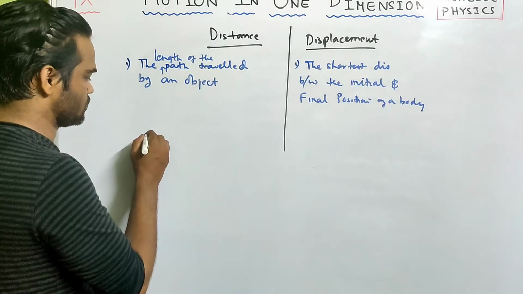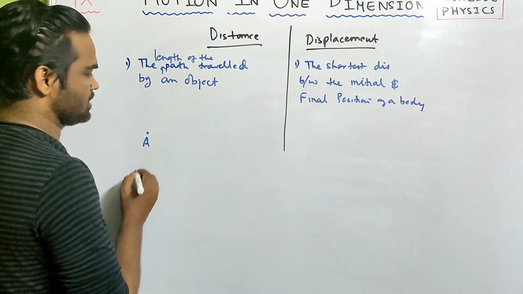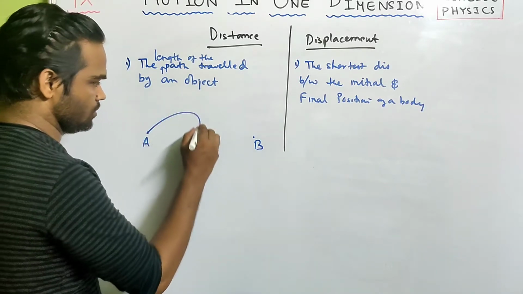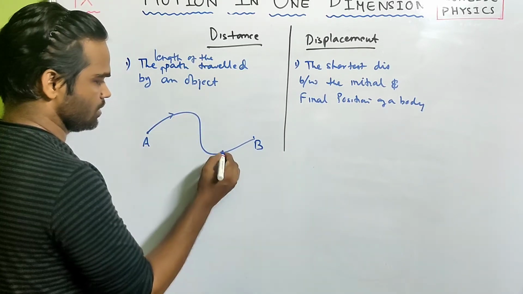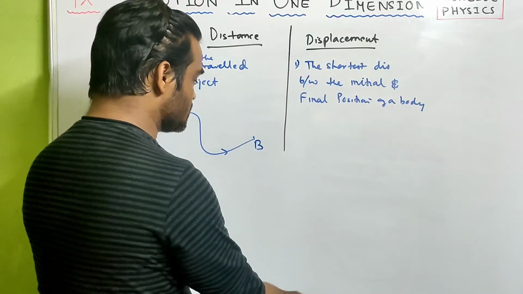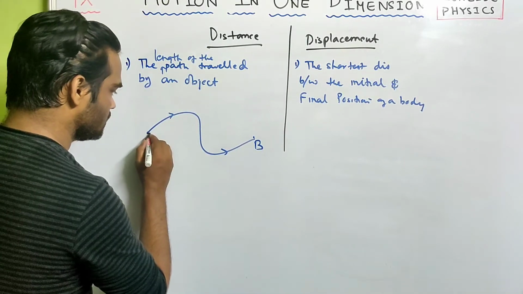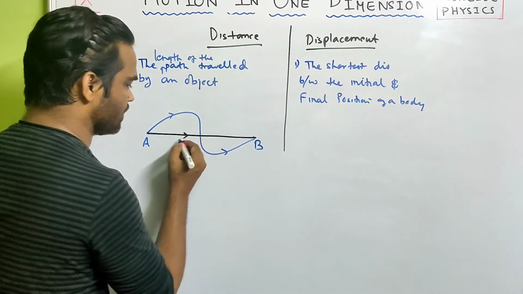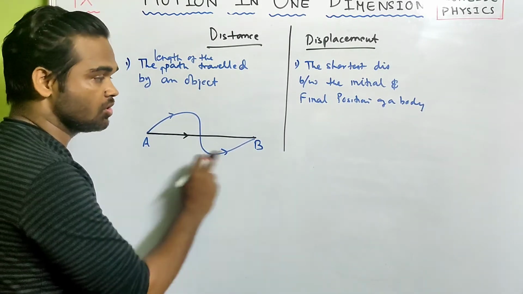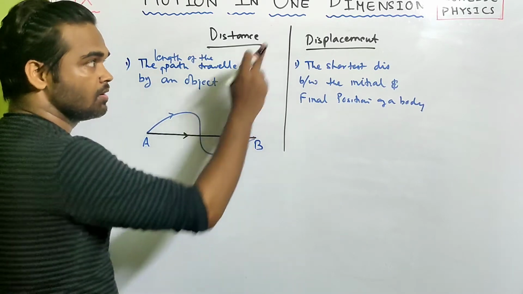For example, suppose you are at A, you want to reach at B. Now you go like this. So this is the distance traveled by you. But if I ask you what is the displacement, this is your displacement from A to B. The shortest path is your displacement.